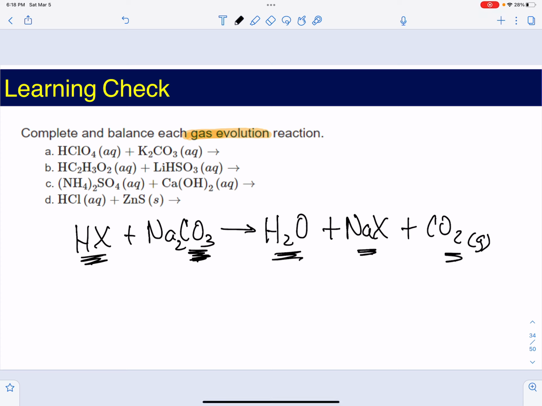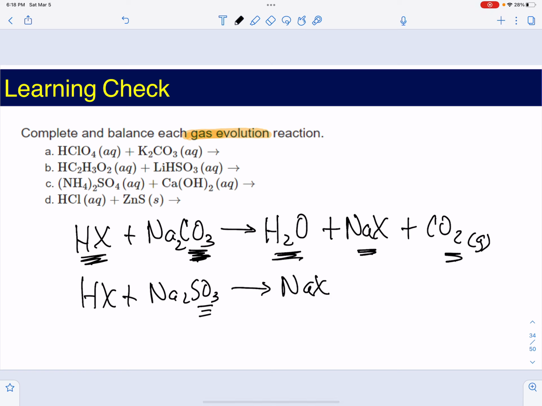Every time you react an acid with a compound that contains sulfite, so sulfite, not sulfate, you're always going to get the salt, water, and sulfur dioxide, which is also a gas.